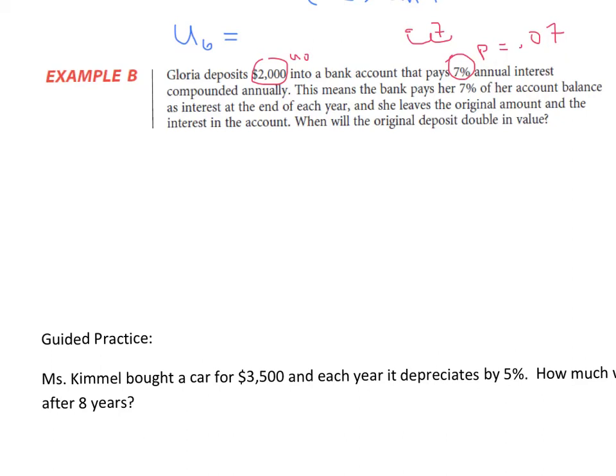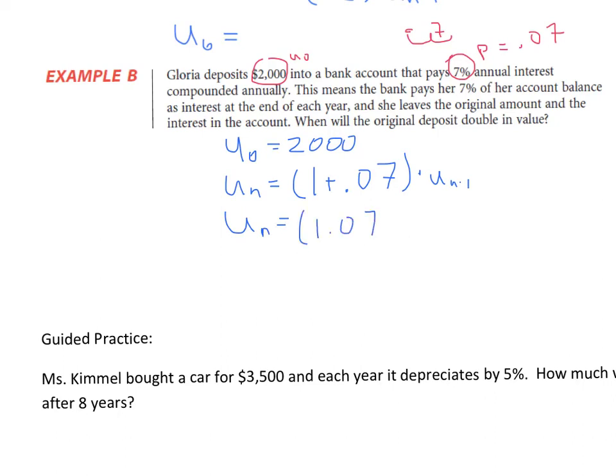So our rule is going to be u sub 0 equals 2000, and u sub n equals 1 plus our p-value of 0.07 times u sub n minus 1. And once again, you can take that a step further and simplify it if you choose. That's 1.07 times u sub n minus 1. And you are looking for when that original deposit will double in value.